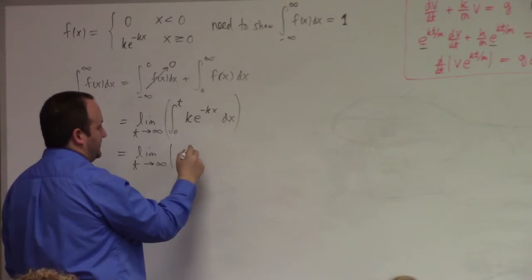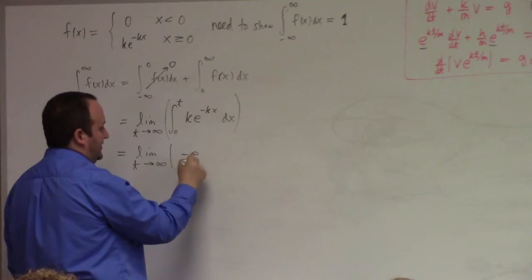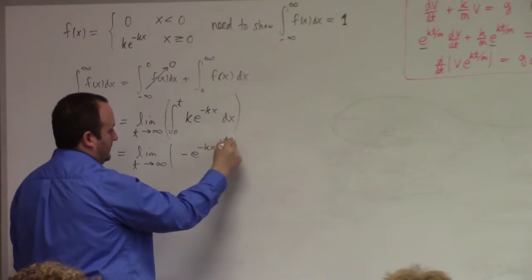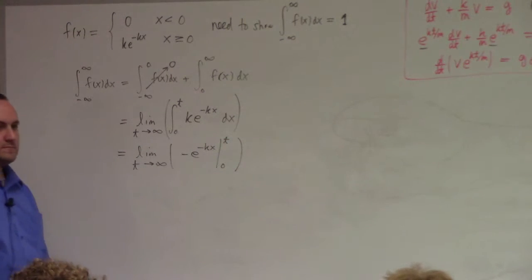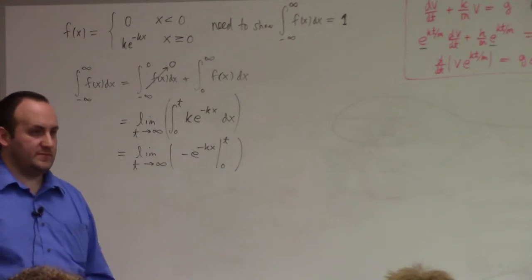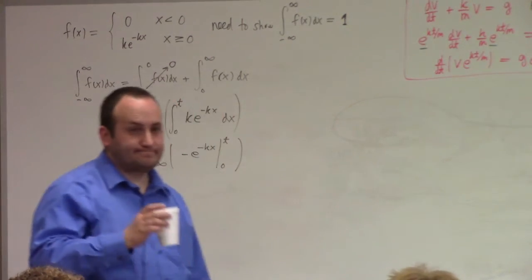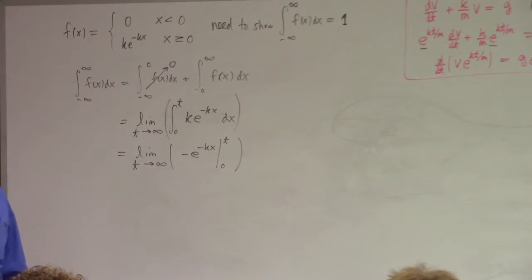That's just minus e to the minus kx. If you doubt me, differentiate my alleged antiderivative. What do you get? You should get 1. No, 0, I'm sorry. You should get the integrand.